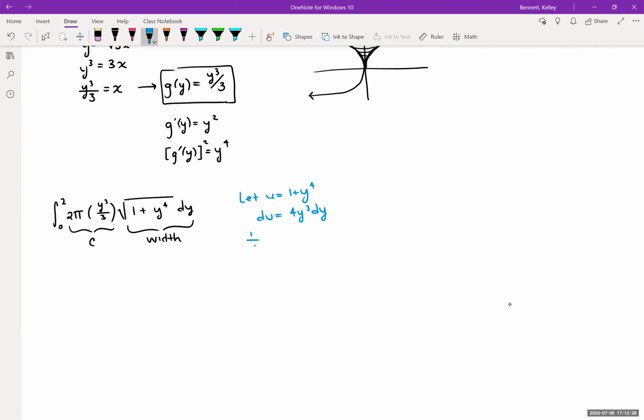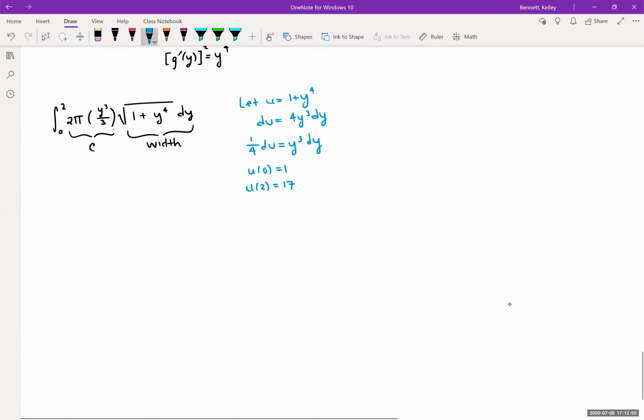So I'm going to get 1/4 du equals y cubed dy. Then I also have that when y is 0, u is 1. And when y is 2, so 2 to the 4th is 16, u is going to be 17. So to finish this off, I'm going to integrate from 1 to 17, which is my new limit.